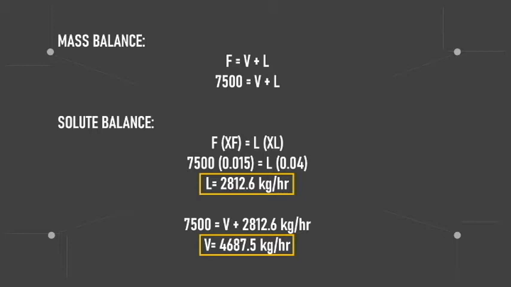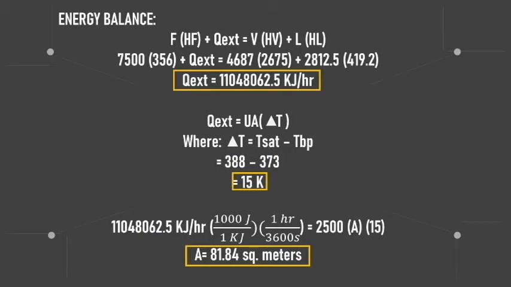Since we already computed the rate of the liquid and the vapor exiting the evaporator, now we can do the energy balance to get the value of Q external. We're going to need this value later on to solve for the area. So the feed multiplied by its enthalpy plus Q external is equal to V times its enthalpy plus L multiplied by its enthalpy.